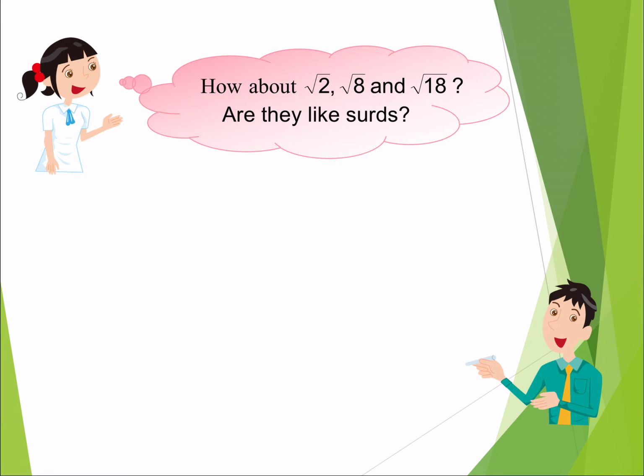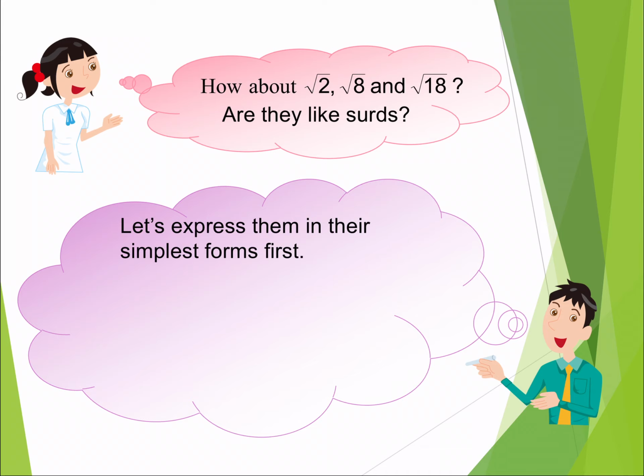So how about these 3 numbers? We first need to simplify square root 8 and square root 18. Okay, simplify. Square root 8 will equal 4 times 2. That means 2 squared times 2, and we have a square number, okay? So it can be cancelled with the square root outside. It will become 2 times square root 2.